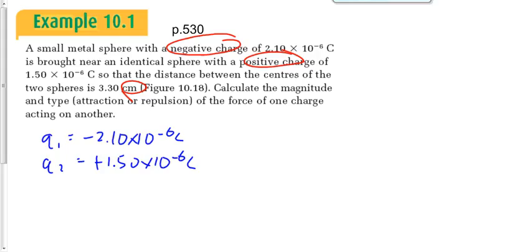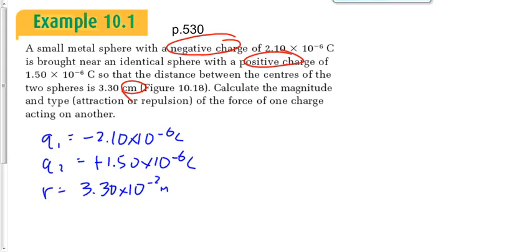It doesn't matter what order we multiply two numbers together in, we get the same answer. If we say 2.1 times 1.5, we get a certain number. If we say 1.5 times 2.1, we get the same number. So which one you make Q1, which one you make Q2, doesn't really matter at all. We're going to make R, the distance that separates them, 3.30 times 10 to the minus 2 meters, or 0.0330 meters.